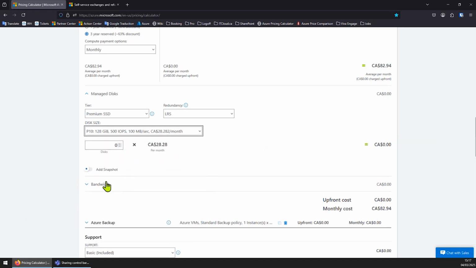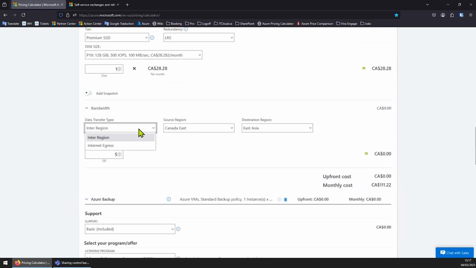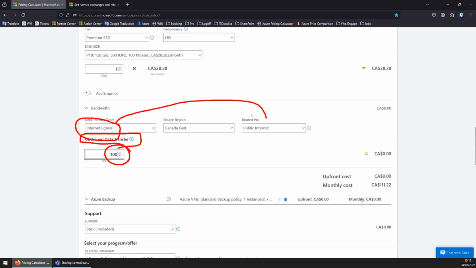Let's continue with the disk. We add one bandwidth, a weird situation to understand from Microsoft. Remember what I said about mobile phone providers. You will have 100 gig of outbound data from Azure to the internet for free.